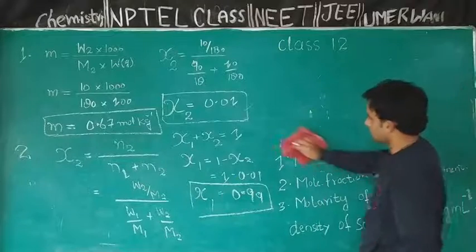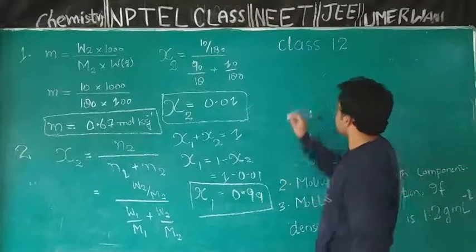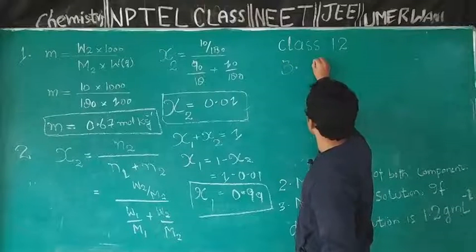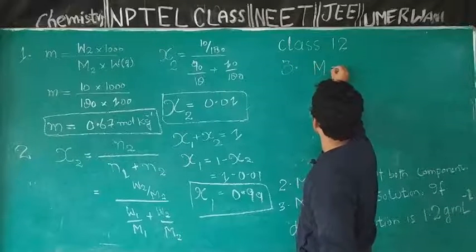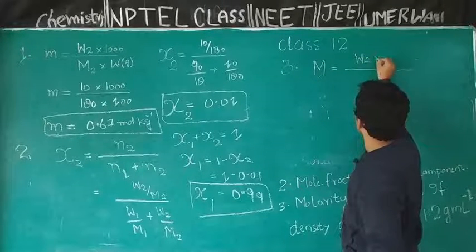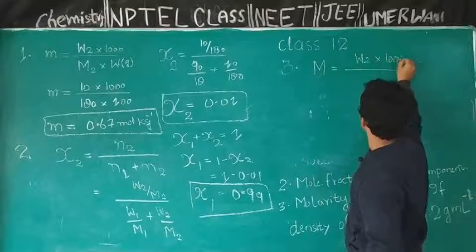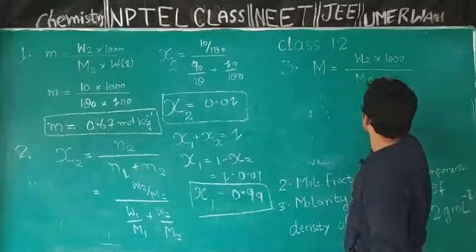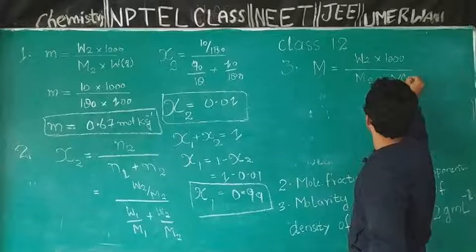Now the third equation I need is the equation of molarity, and the exact equation is molarity is equal to W2 multiplied by 1000 divided by M2 multiplied by volume of solution but in ml.